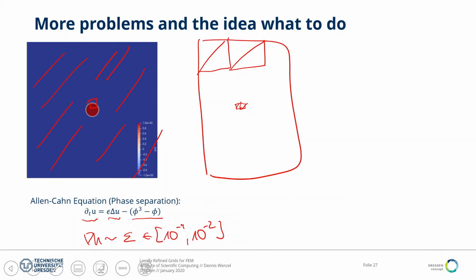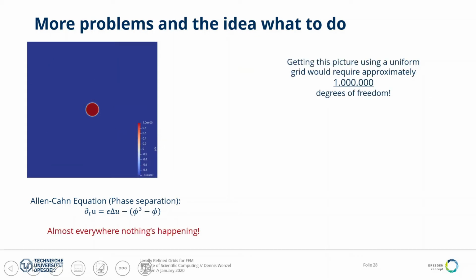And well, to get this picture with a uniform grid, so if I don't have any adaptivity and want to capture the whole behavior, I would require around 1,000,000 degrees of freedom. So I would have to take 1,000 times 1,000 points in each direction to just here be able to actually capture those gradients and get this type of picture.